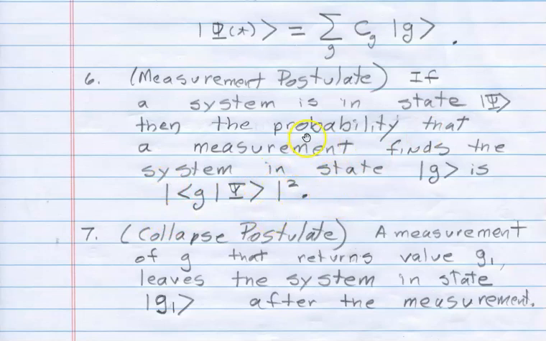Then that gives you the probability of a measurement that finds the system in that state g with the eigenvalue g.